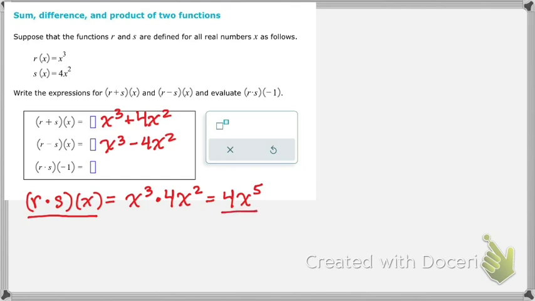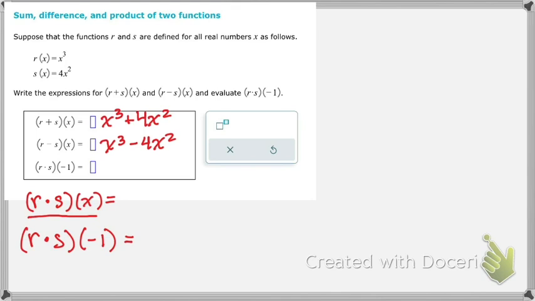And then if I want to know what's r times s of -1, I'm going to plug the -1 in here. Does that make sense? If I go back a little bit and say it like this, r times s of x is 4x to the 5th.